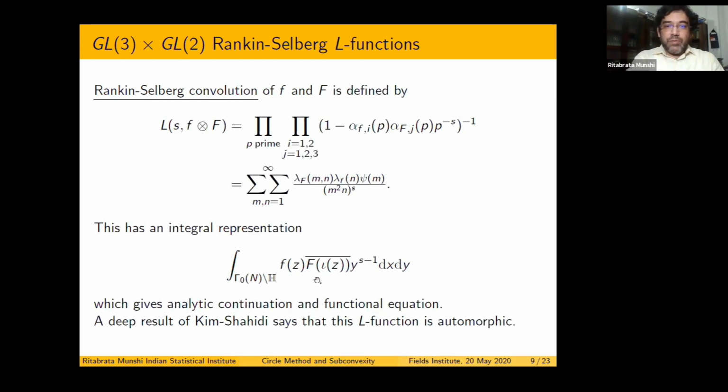It's kind of a Mellin transform, and then you get this L-function. From this, you can get the analytic continuation and the functional equation. And a deep result of Kim and Shahidi says that these L-functions are actually automorphic. So they correspond to certain automorphic representations of GL6.